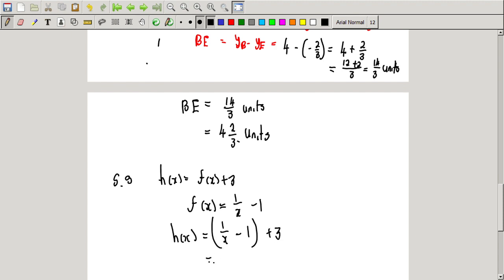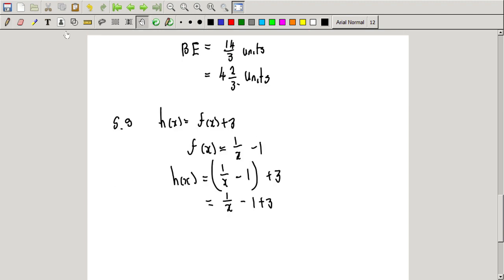It's going to be 1 over x minus 1 plus 3, is our answer.